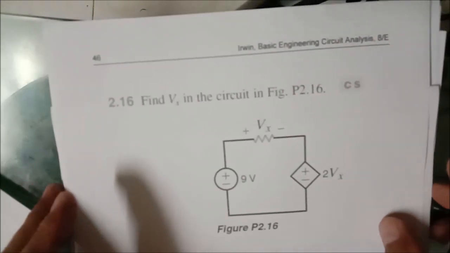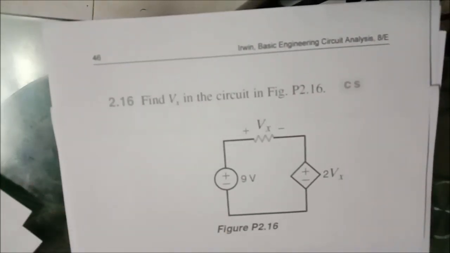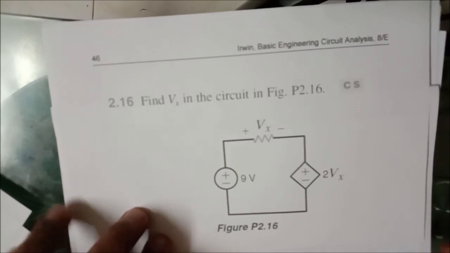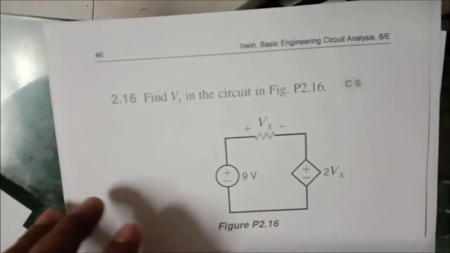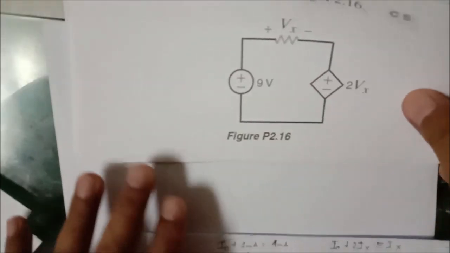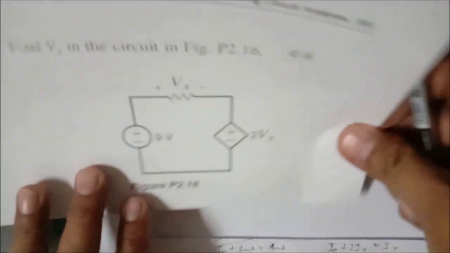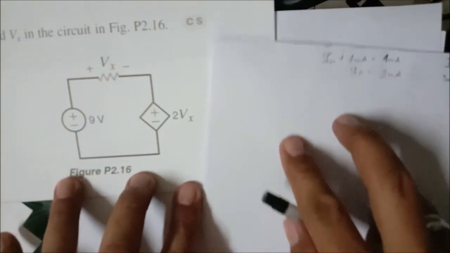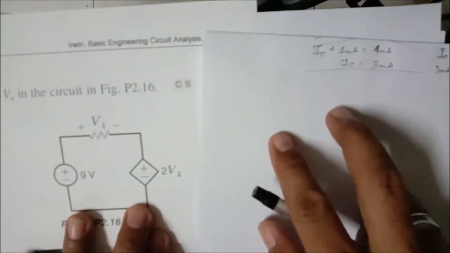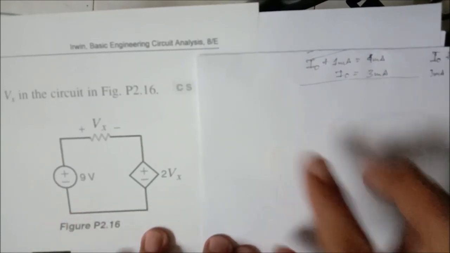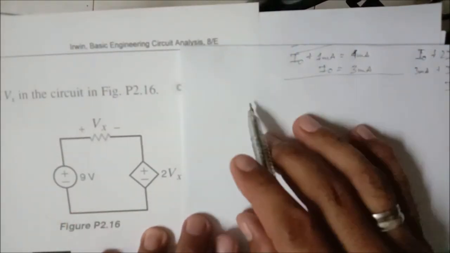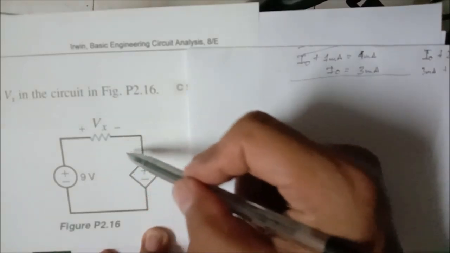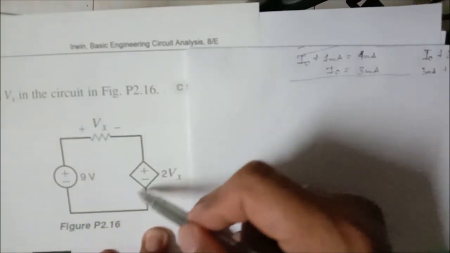Okay, pabalik. Okay. So, find V sub x. 2.16 tayo. Find V sub x in the circuit in figure 2.16. Okay. KVL naman tayo dito. KVL, Kirchhoff's voltage law. Depende yan sa sign natin na gagamitin. Ito na. So, para kang maglulup lang dito. Paikot lang yan.